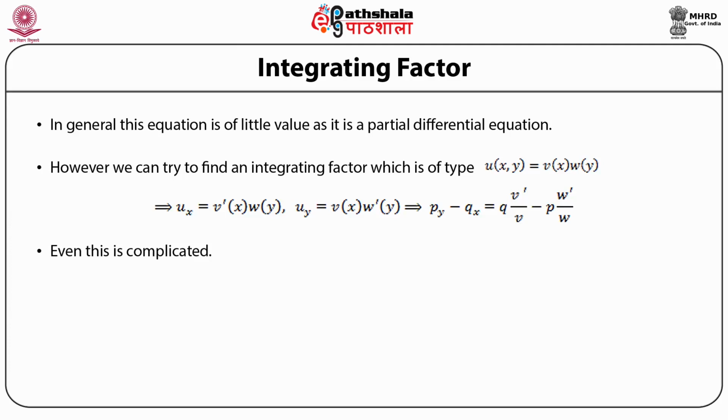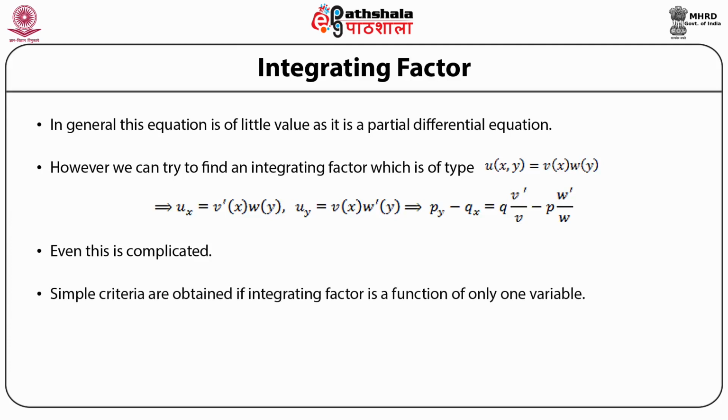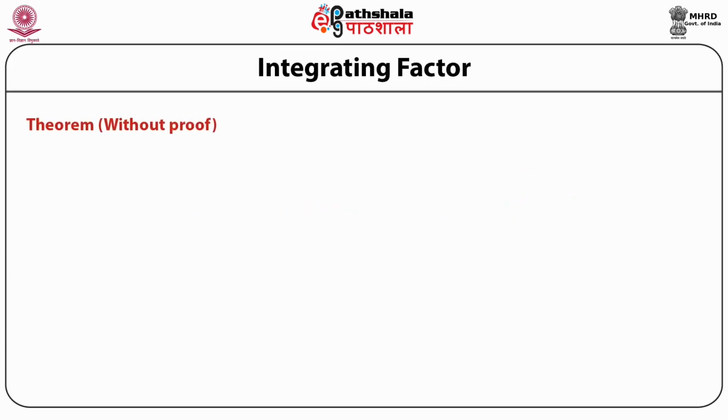There exist simple criteria for the existence of the integrating factor, provided we assume it to be a function of only one of the variables. We state the following theorem without proof.